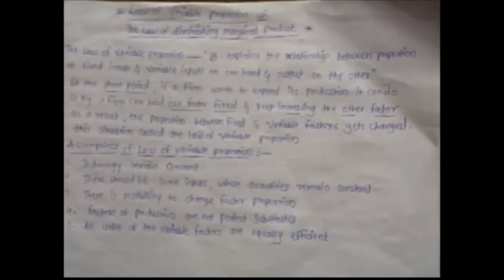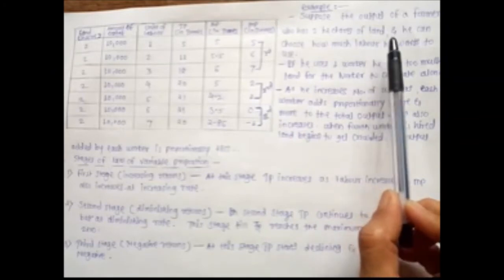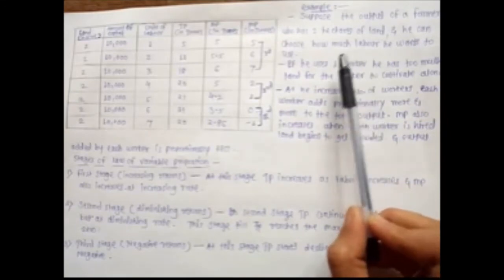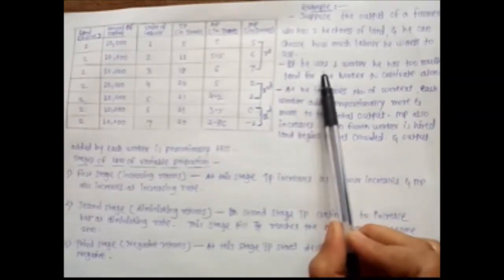Students, we explain this with the help of an example. Suppose there is a farmer who has 2 hectares of land, and the farmer can choose how much labor he wants to use, means how many workers he wants to use to cultivate the land. If the farmer uses one worker, he has too much land for the worker to cultivate alone.